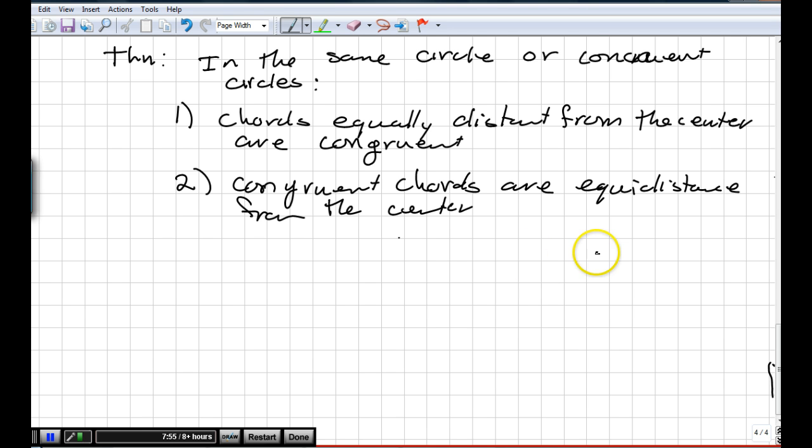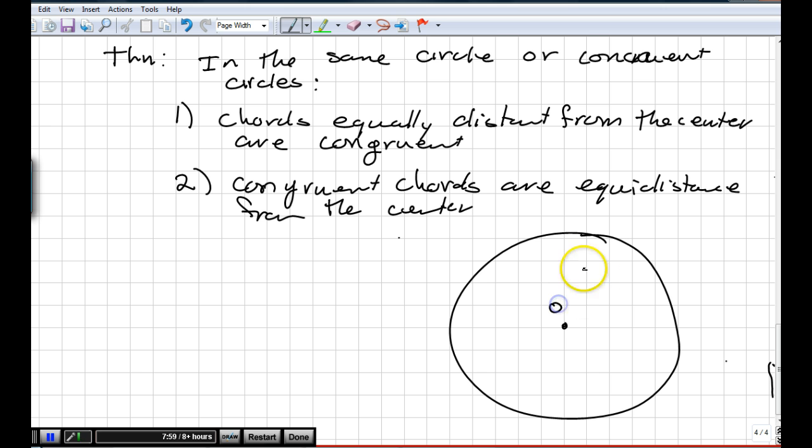Okay, so if this is circle O, and this is A, B, C, D, and this is point X, and this is point Y, okay?